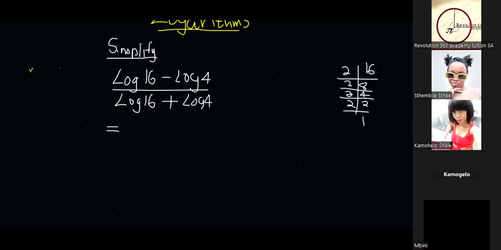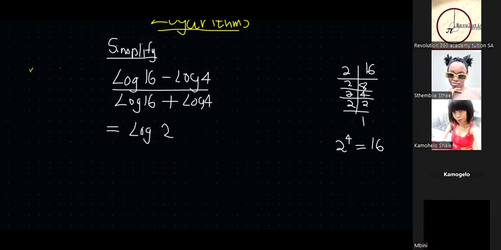Do you see? And then after that, guys, you're going to write log. Where there is 16, you'll write 2 to the exponent of 4, just like that. Then you'll say plus. Sorry, it should be minus because it's a minus sign.